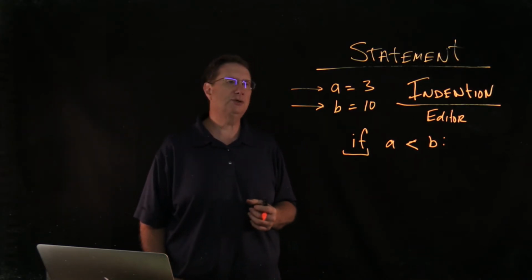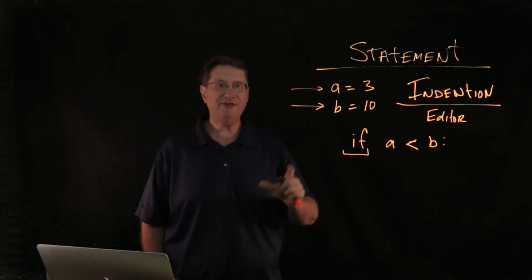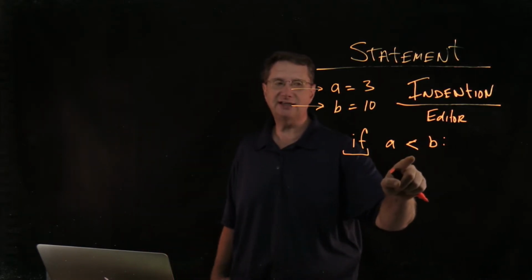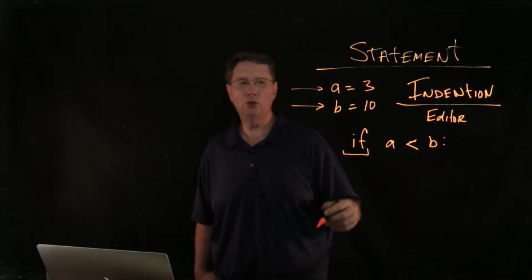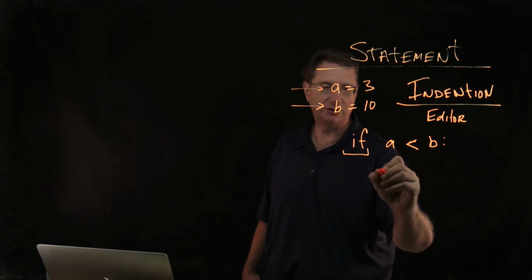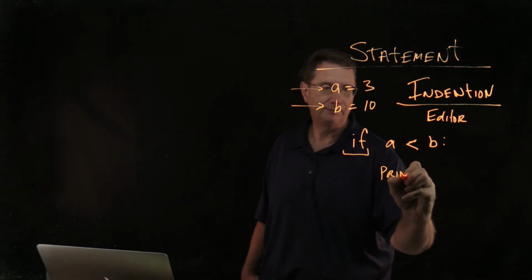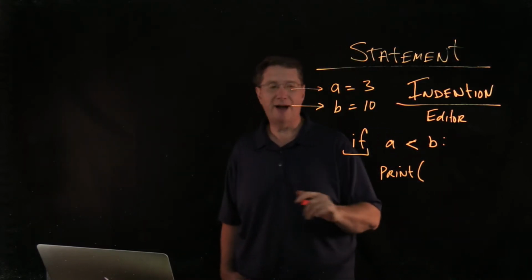So I'm going to use the if statement. If A is less than B, and this colon says execute whatever is down here. So I could run, for instance, a print function. Print is an actual function in Python 3.